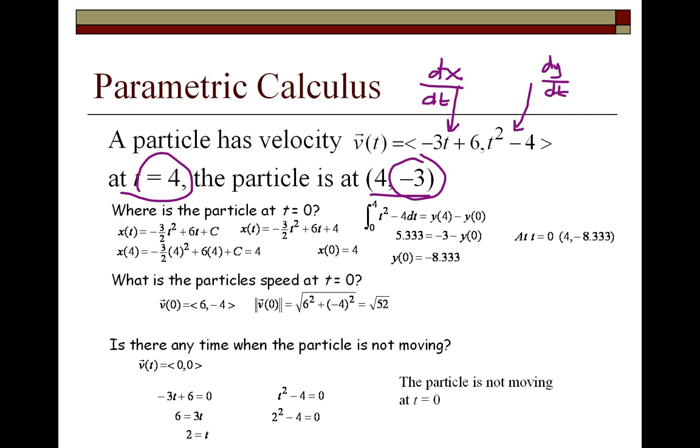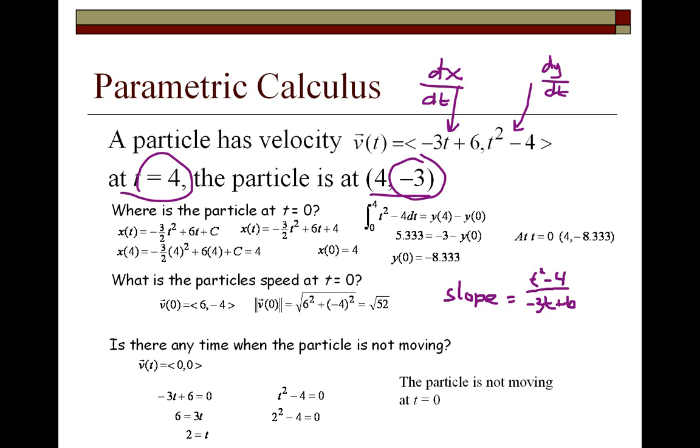Other kinds of questions, I could ask about the slope. The slope at any point is going to equal t squared minus 4 over negative 3t plus 6.